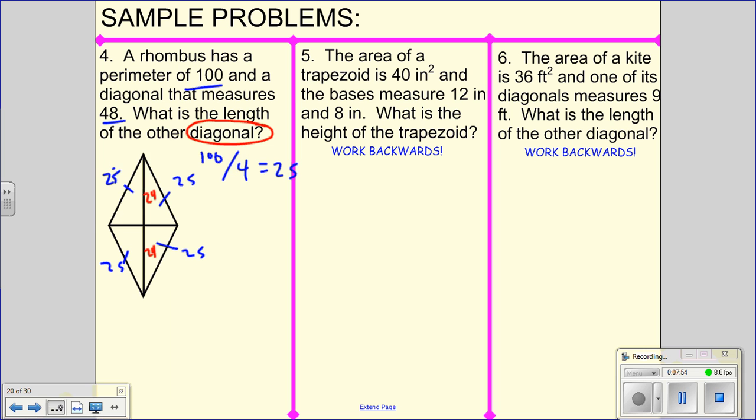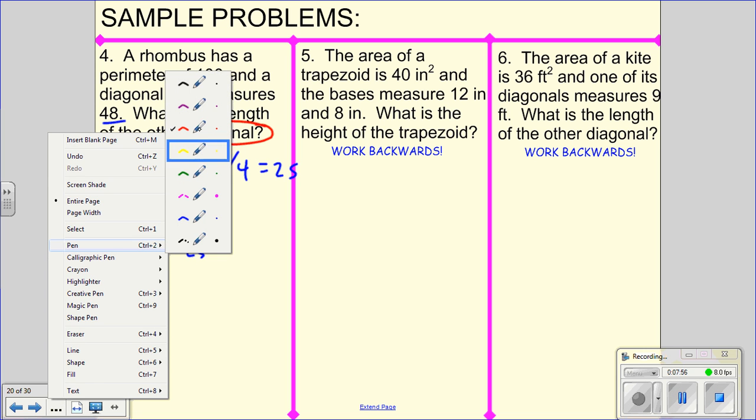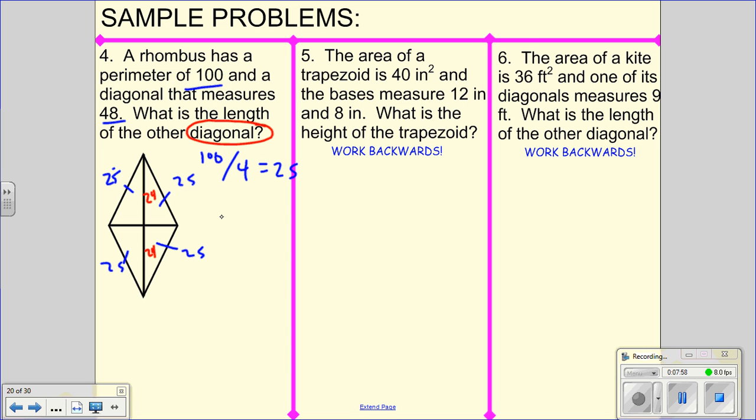So we're going to need to isolate the triangle and use the Pythagorean theorem. Doesn't matter what triangle you isolate, but it helps you to understand what's going on. So we have 24 here, we have 25 here. We're looking for this bottom piece, and that's going to be part of the diagonal. Then we're going to have to take that part times 2 in order to get the full diagonal.